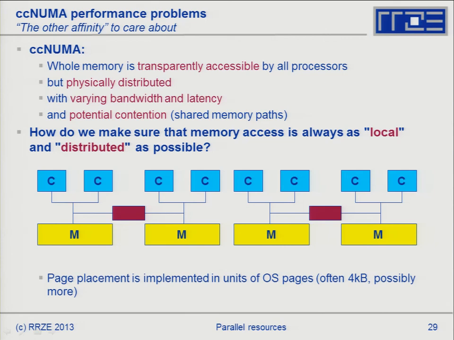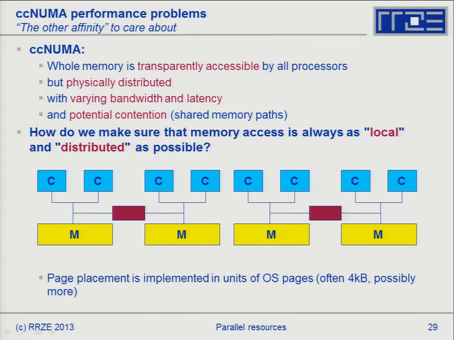The performance by which you can access this memory depends on the position of this memory. So it has varying bandwidth and latency. If the memory is far away, it takes longer. So we have a heterogeneous memory access characteristic. And we have potential contention, and I will explain what that means in a minute.